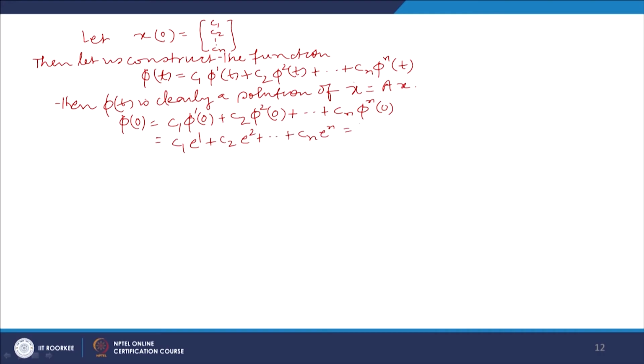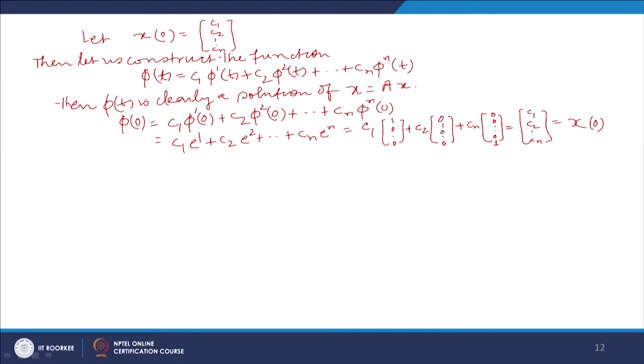Which is equal to C1 times 1 0 0, C2 times 0 1 0 0 and so on, Cn times 0 0 and so on 0 1. This will give us C1, C2 and so on Cn, which is equal to x0 by our assumption.